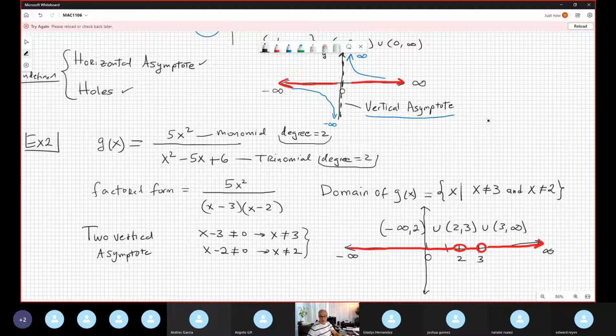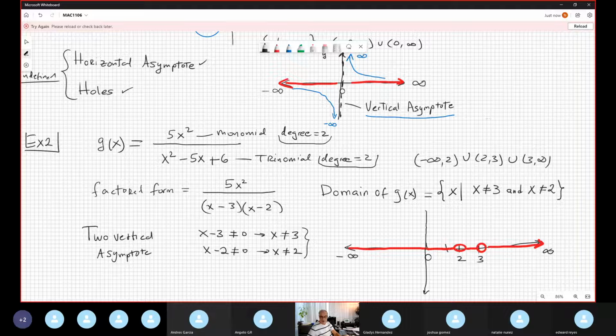So we have 2 asymptotes. Look at that. The convention to do, let me copy this part here: negative infinity, 2, union 2, 3, union 3, infinity. Let me erase that part, so the idea that I want to explain now is more clear.